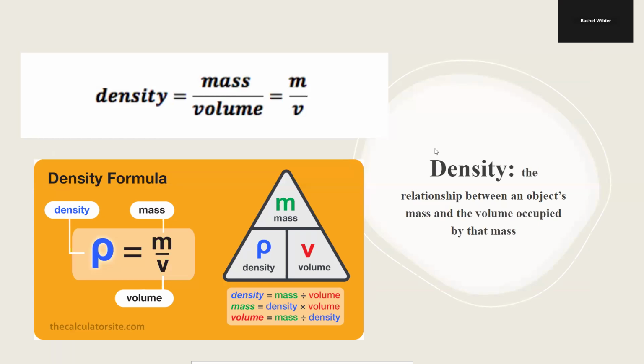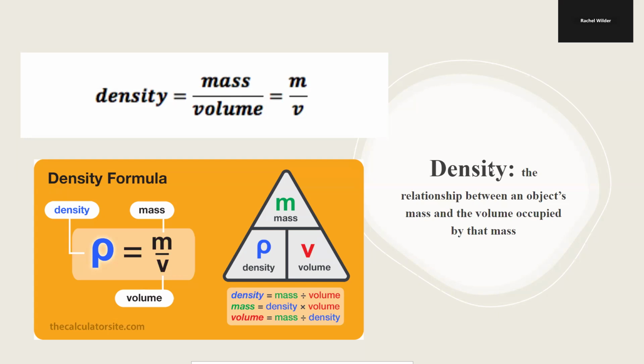Density, this is just a definition that you want to understand the general concept of. Once again, you're not going to be doing conversions or solving for things in this type of course. But density is the relationship between an object's mass and the volume occupied by that mass.